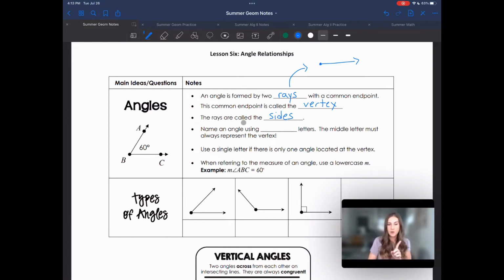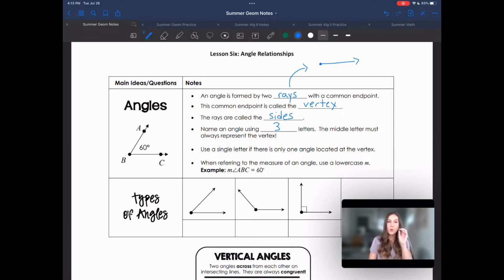And this is very important right here, knowing how to name an angle. So you name an angle using 3 letters. Let's just put a 3 right here, okay? And then an important part right here, it says the middle letter must always represent the vertex. So if I wanted to name this angle, you can't just give it any name that you want, you have to name it very specifically. I could call this either angle ABC, or I could go the other direction and call it angle CBA.